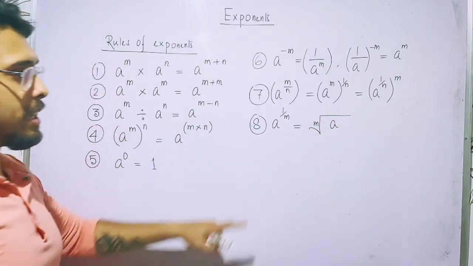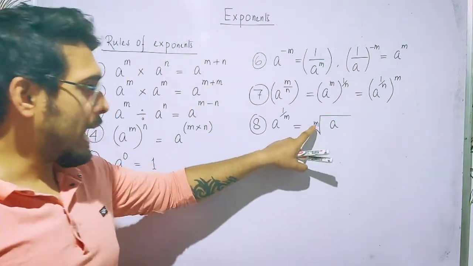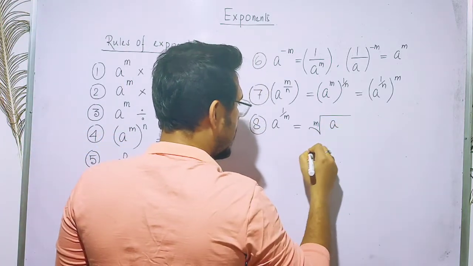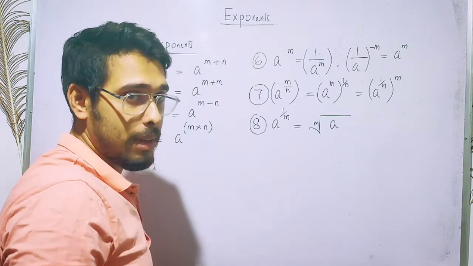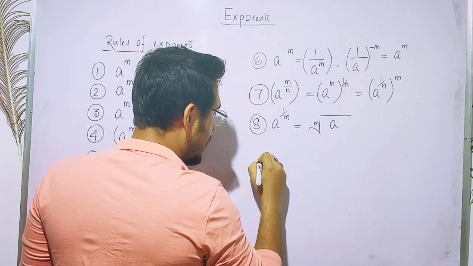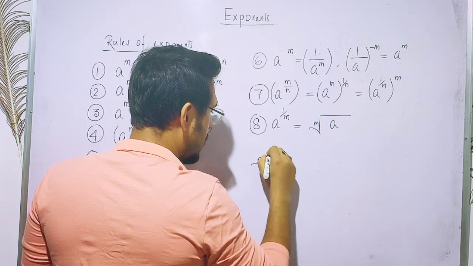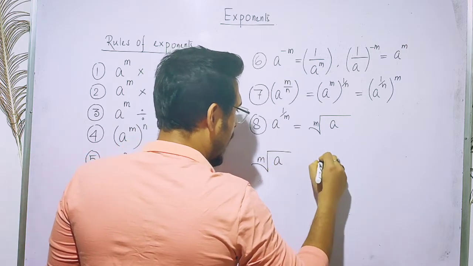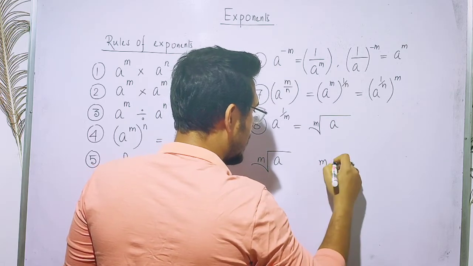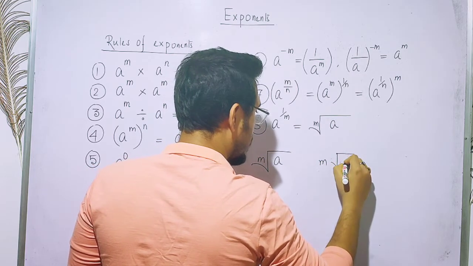Please take this very carefully. Mth root does not mean m into root of a. Remember this. Let me write it down. You are writing two different things. Suppose you are writing mth root of a and you are simply writing m root of a.